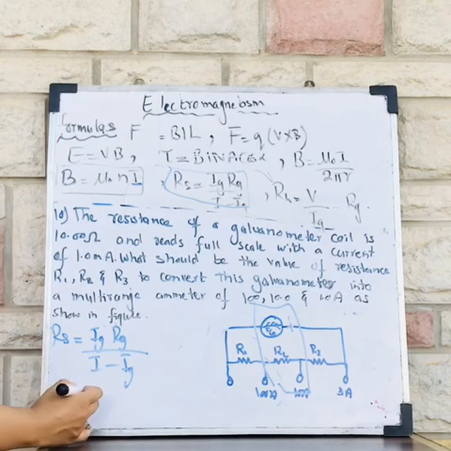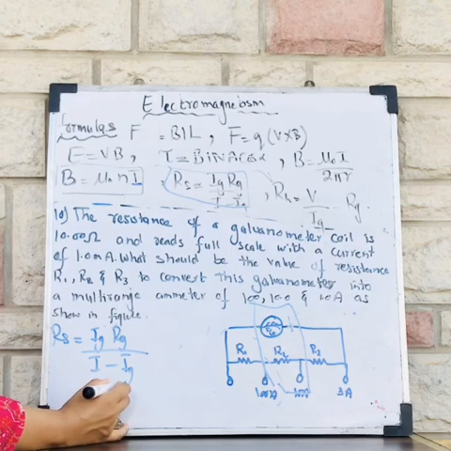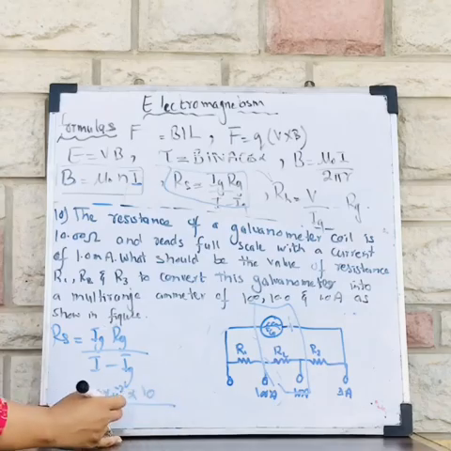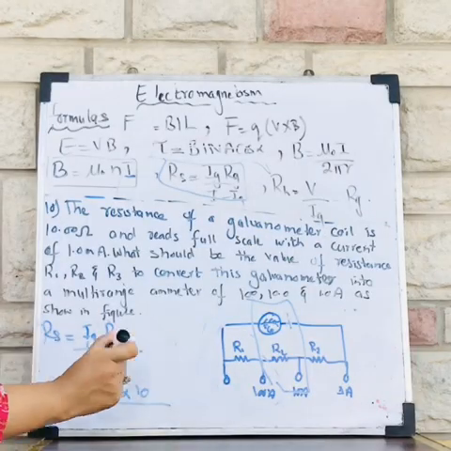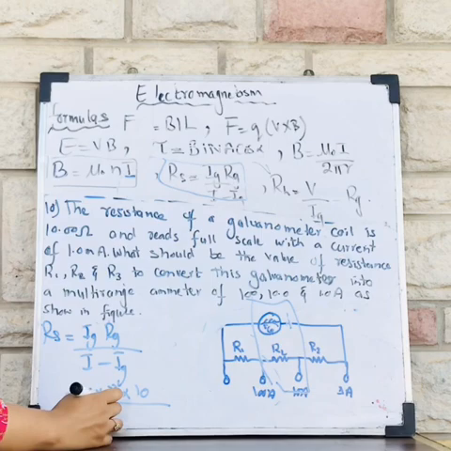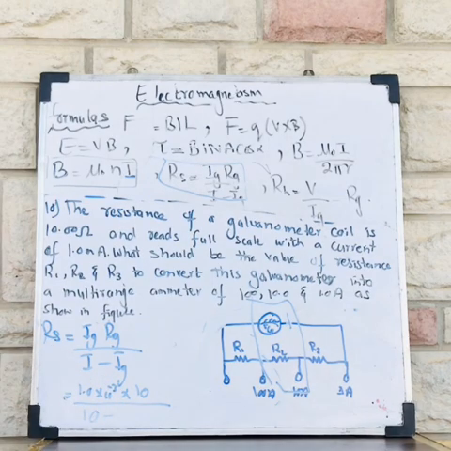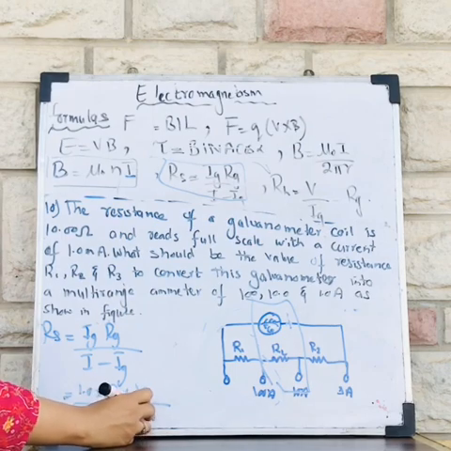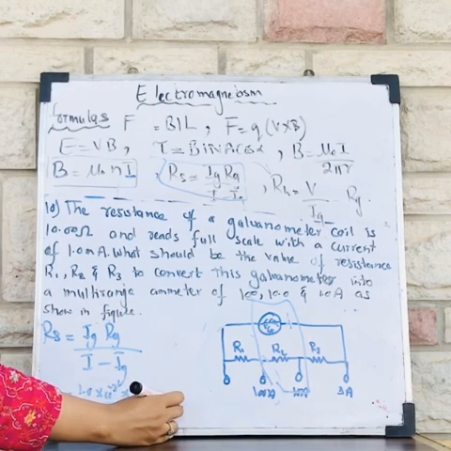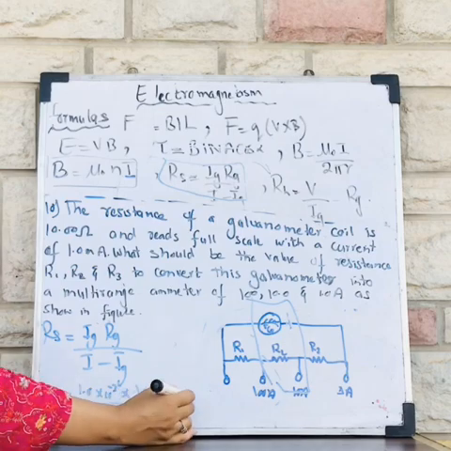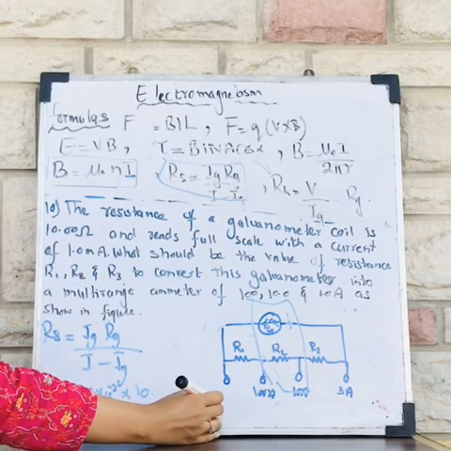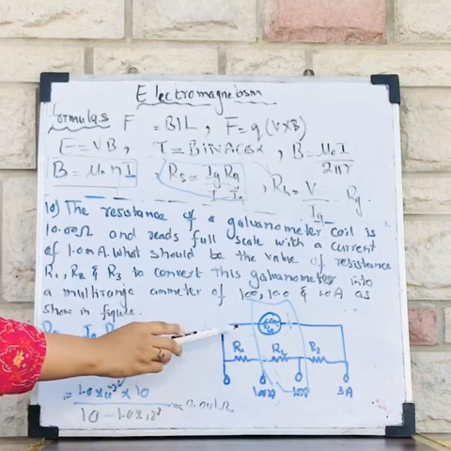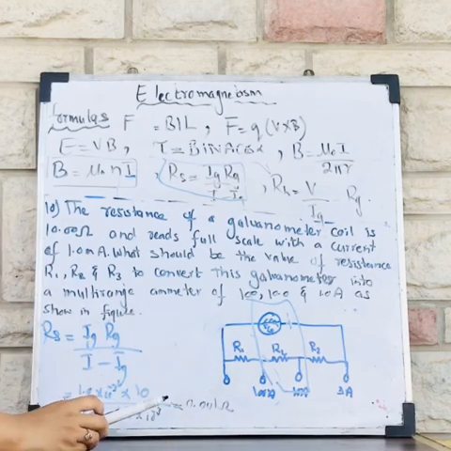Ig is the same, 1.0 into 10 to the power minus 3, multiplied with Rg, which is also the same, 10, divided by I. Now I is 10 ampere, then minus Ig, which is 1.0 into 10 to the power minus 3. Similarly, after calculation I get 0.001 ohms. So this is the value of the shunt resistance when converting this galvanometer into an ammeter.